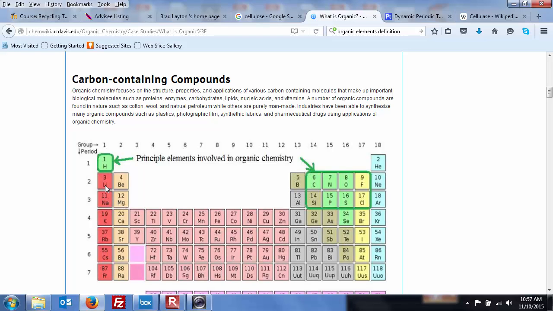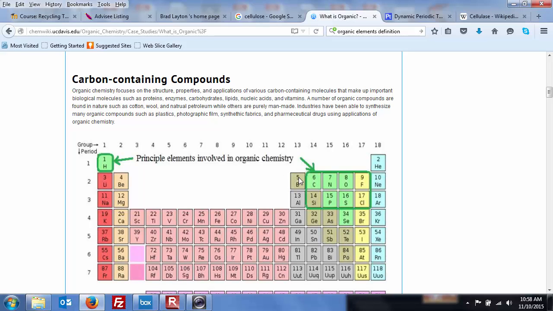You will hear of people taking lithium once in a while for mental disorders. It's not typically thought of as an organic element. It's something that's put in doses to compete with these other ions that are naturally in your body, in a similar way that any other drug is competing for a binding site inside your body.